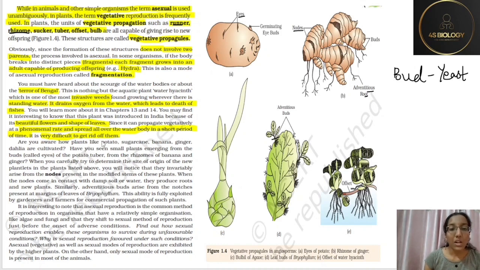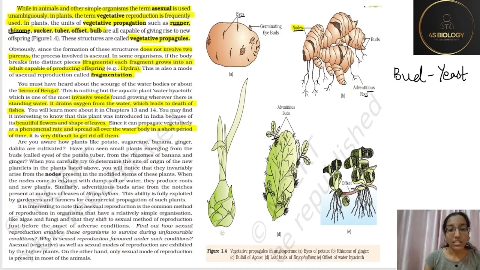Next, are you aware how plants like potato, sugarcane, banana, ginger, dahlia are cultivated? Have you ever seen small plants emerging from the buds called eyes of potato tubers, from the rhizomes of banana and ginger? When you carefully try to determine the site of the origin of the new plantlets in the plants listed above, you'll notice that they invariably arise from nodes. Here, if you can see, there are nodes in ginger.